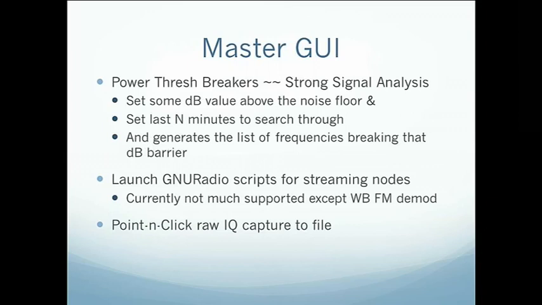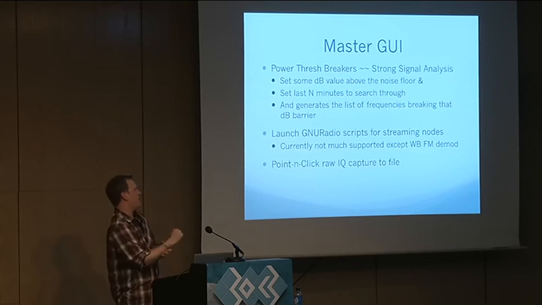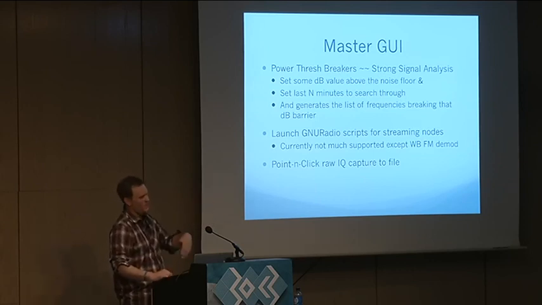And then lastly is the power threshold breakers, which, strong signal analysis might be a strong phrase for it. But the idea is just to give you a list of frequencies that are showing strong signals, and the ability to double click on them and have it automatically pop up in the power versus time graph, or just double click it and then say run, and it'll automatically hook up to an RTL TCP or a node running RTL TCP, and then do the FM demodulation.